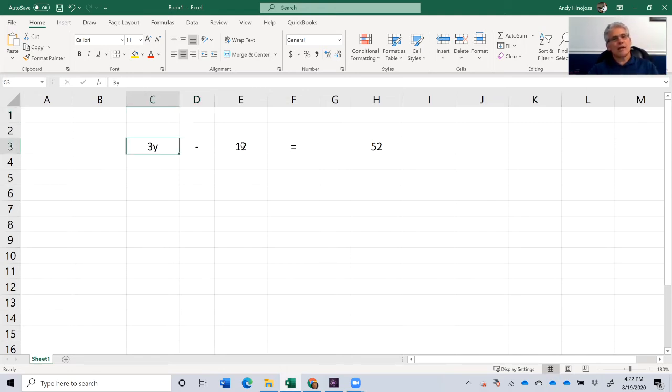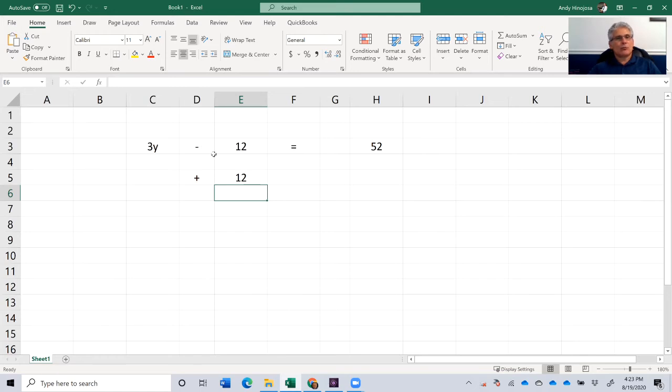We know that 3y and the 12 are unlike terms. There's no y in 12, so there's not much we can do between these two in terms of addition and subtraction. But since we have a minus 12, we can add 12 to the left side of the equation. If we have a minus 12 and we add 12, that's going to give us 0.